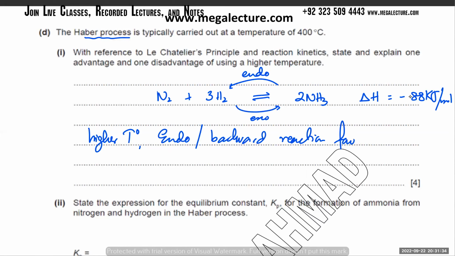So is that an advantage, or is that a disadvantage? Disadvantage. ये disadvantage है क्योंकि the yield of ammonia will decrease, right? You wanted to make ammonia, so you're not actually getting ammonia. So that's your disadvantage.